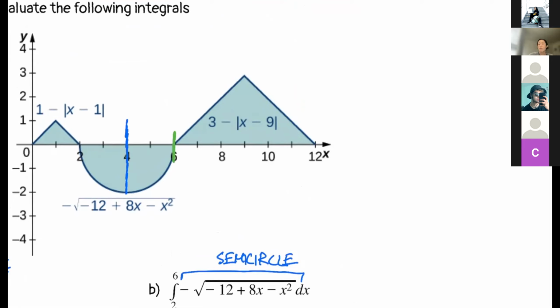So 2 things here. What is the shape? All right, let's deal with that one first. What is the shape that I've now sectioned off?